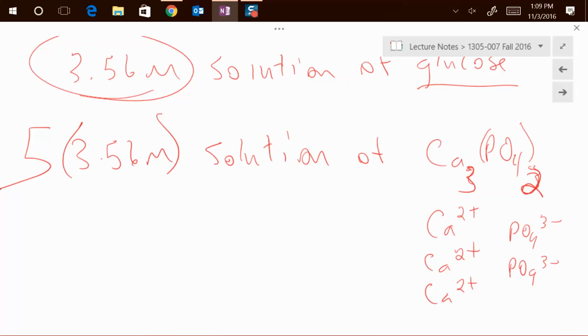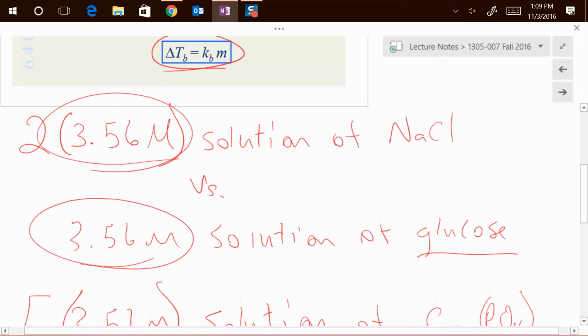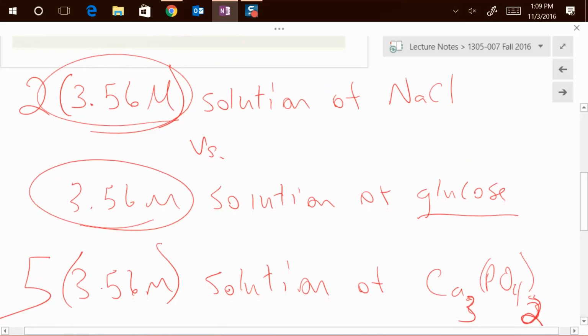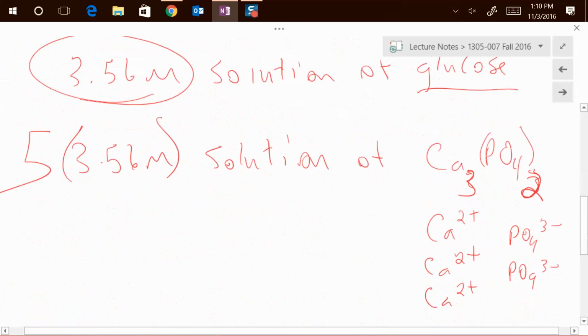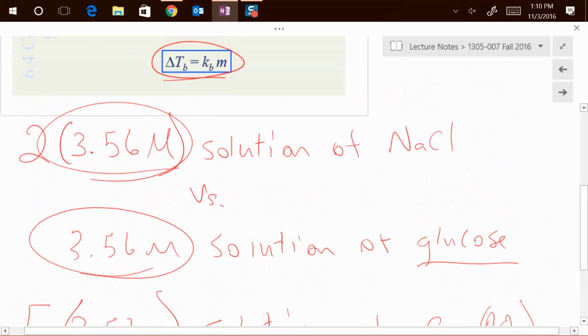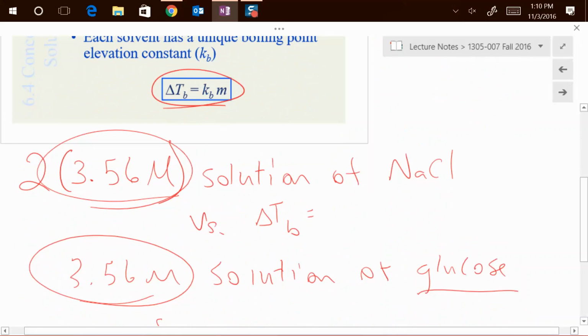So let's look at the change of the boiling temperature based on these 3 situations. For this first one, delta Tb equals my Kb, which was 0.52 degrees Celsius per molal. I'm just going to say molarity because we're going to use molarity.